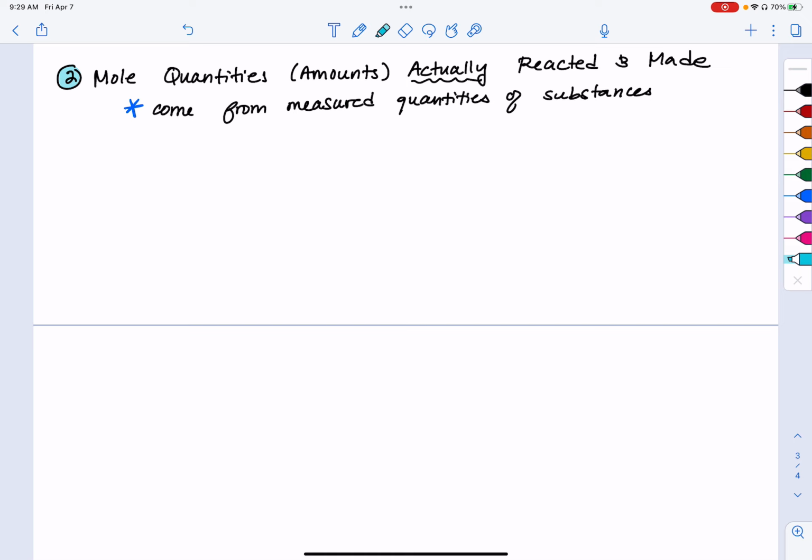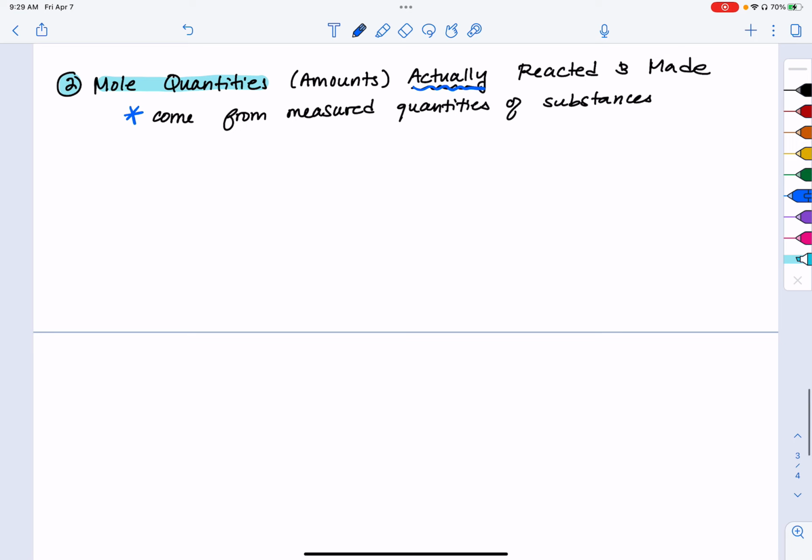So the second half of answering this question of where do our mole quantities come from is, yes, we get mole relationships from the chemical equation, but also mole quantities come from what you actually use for the reaction to happen in a lab environment.